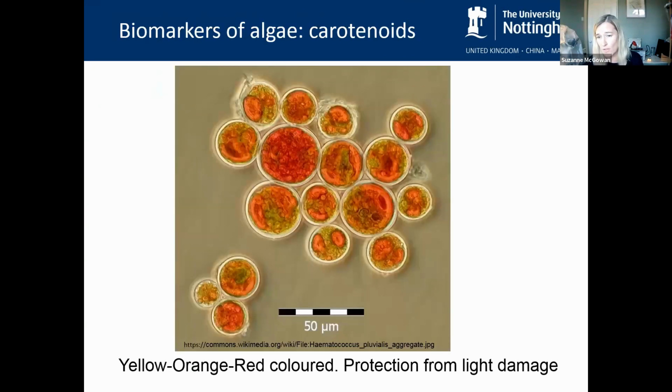But there are lots of other types of pigments as well. There's a large group of carotenoids, which by and large tend to be orangish or yellowish in colour, towards even reddish. Generally speaking, these are used to protect organisms from light damage.